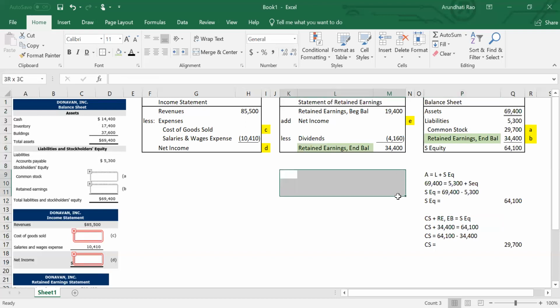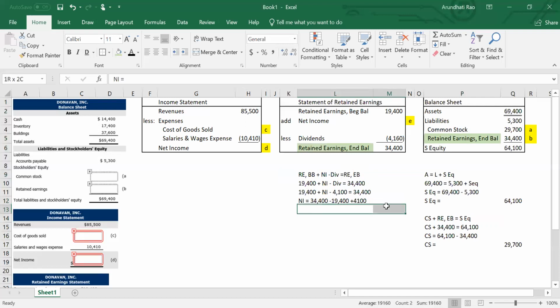So again, I'll write this out as a formula and show it to you. Retained earnings beginning balance plus net income minus dividends equals retained earnings ending balance. So I write down all the items I know, and then I can finally solve for the one that I don't know, which is the net income number.